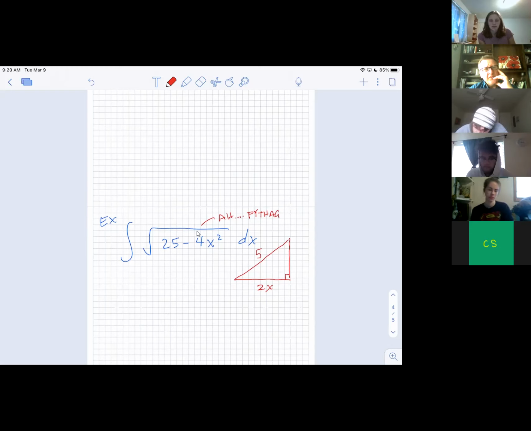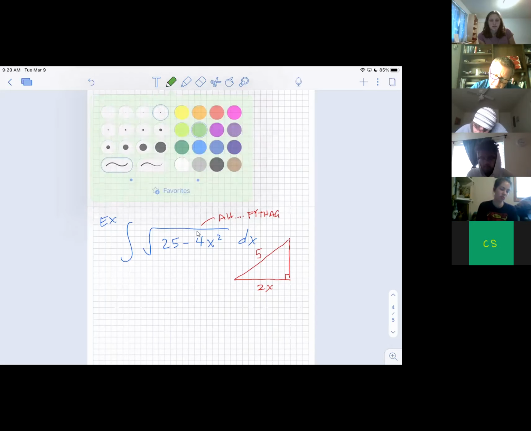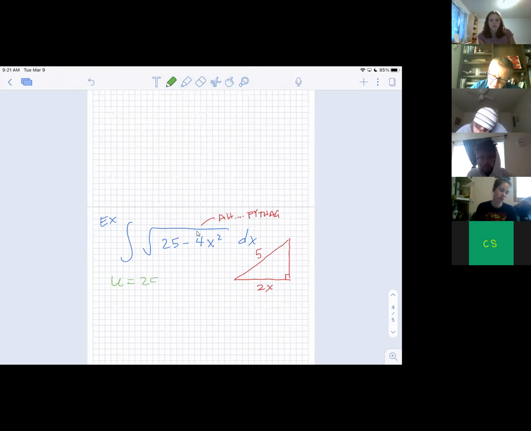So the normal substitution you would pick, u equals 25 minus 4x squared, won't work. But what will work?